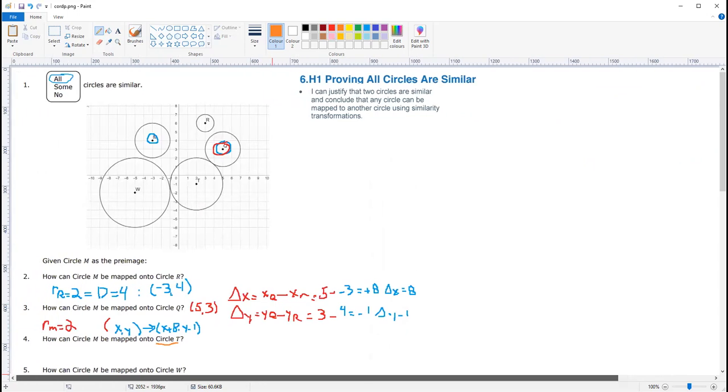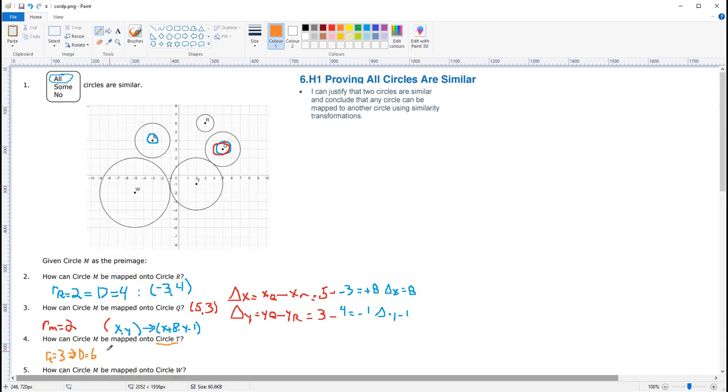So circle T's radius of T equals 3. Here's the diameter. Diameter is 6. All right, so that means the scale factor is going to have to be for the before.